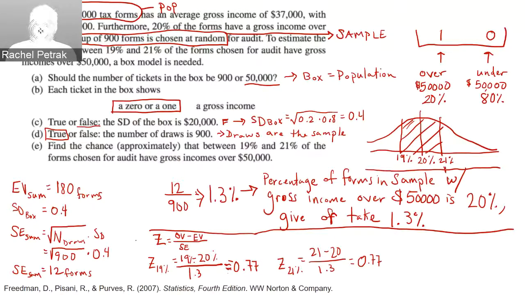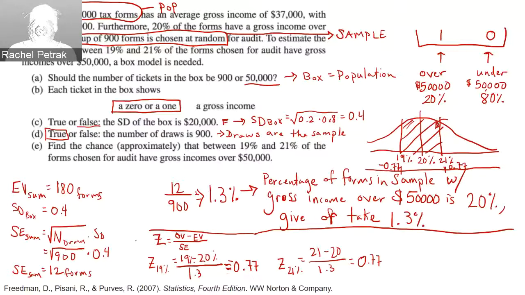Our lower standard score is negative 0.77. And so this fraction is approximately 55%.